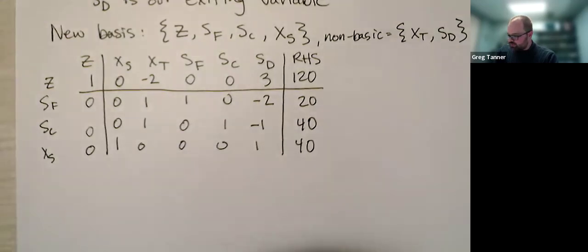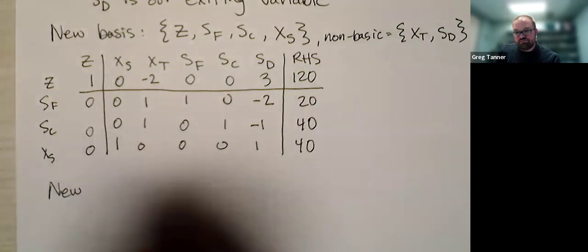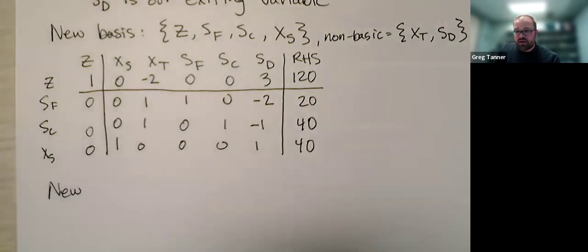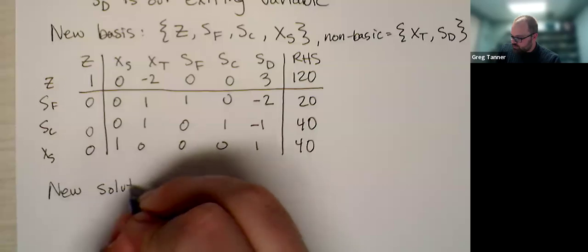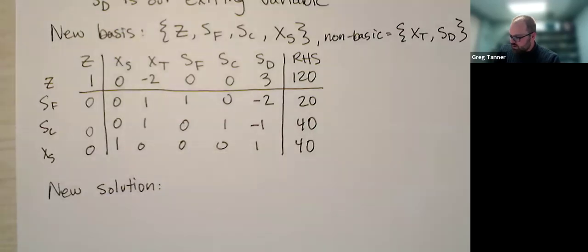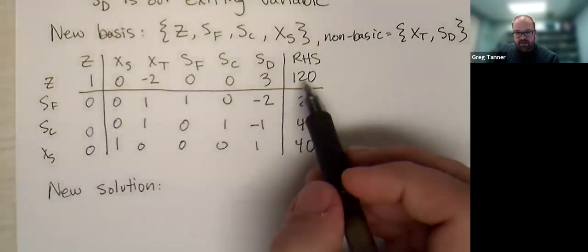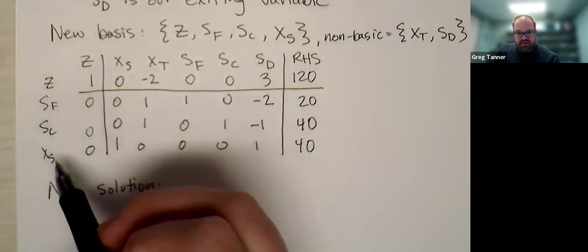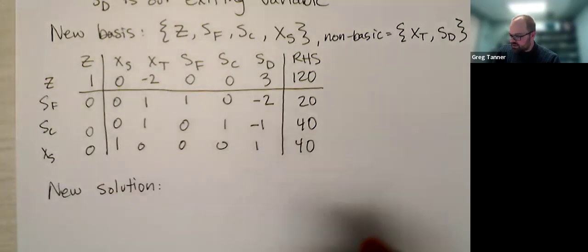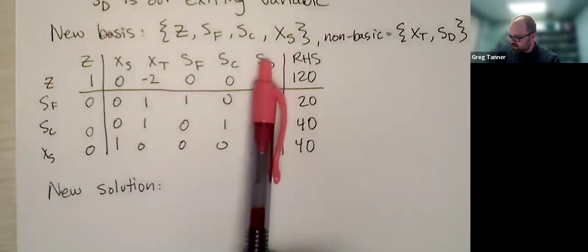And so reading off our new solution, each choice of basis corresponds to a corner point, a BFS, basic feasible solution. The right-hand side encodes the values of Z, SF, SC, and XS, because I'm putting in zeros for XT and SD.